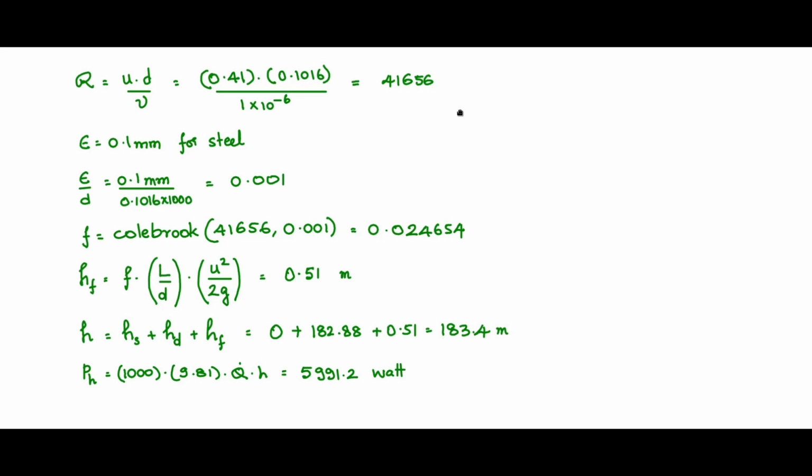So roughly 6000 watts of hydraulic power is needed to do this hydraulic work. So probably you may have to rate your motor pump combination at probably around 7.5 kilowatts or 10 kilowatts, depending upon the availability. So probably a 10 HP motor pump system can be used.